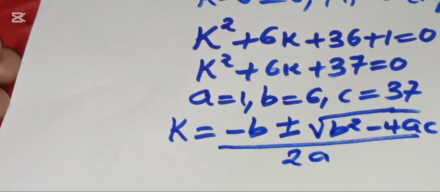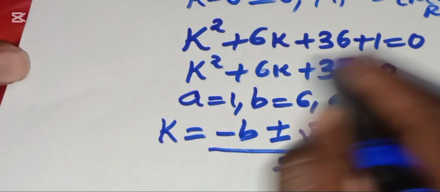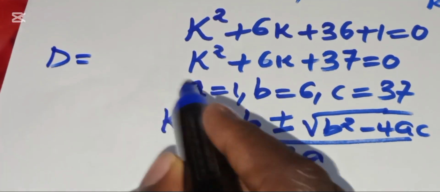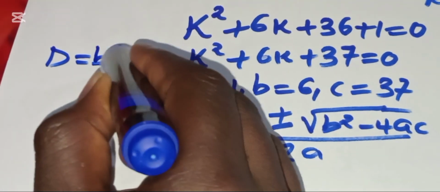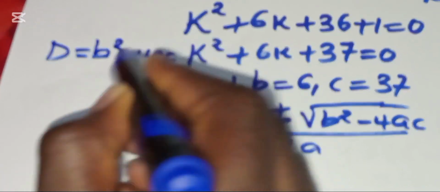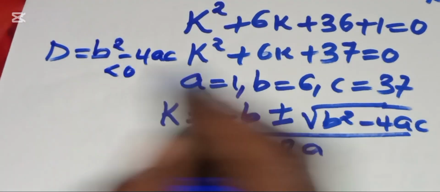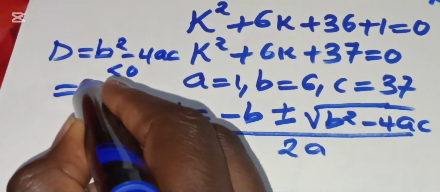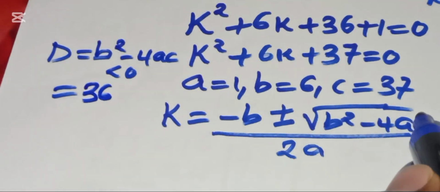But before that, let's check the nature of this quadratic equation by assessing the discriminant value, which is expressed as b squared minus 4ac. Let's check if it is less than 0. So we're going to have b squared, which is 6 squared, which is 36, okay?